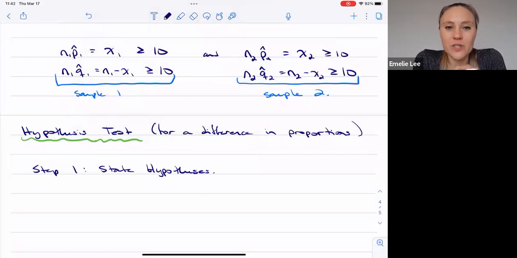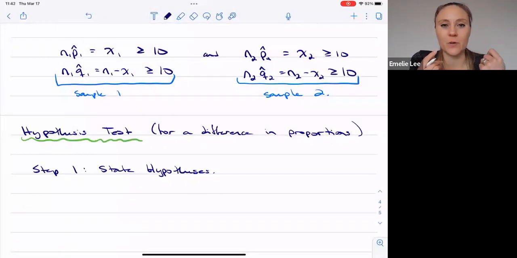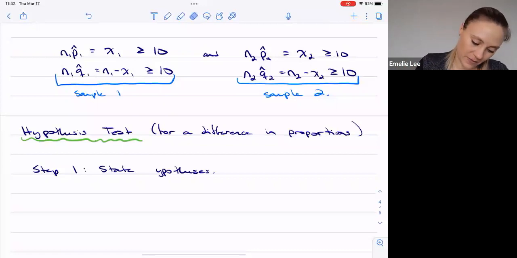If we think back to hypothesis testing for one sample proportion, what did we start off assuming? We had to assume that the parameter we're interested in is the same as the value we're comparing it to. We don't think that's true usually, but that's what we have to start off assuming.